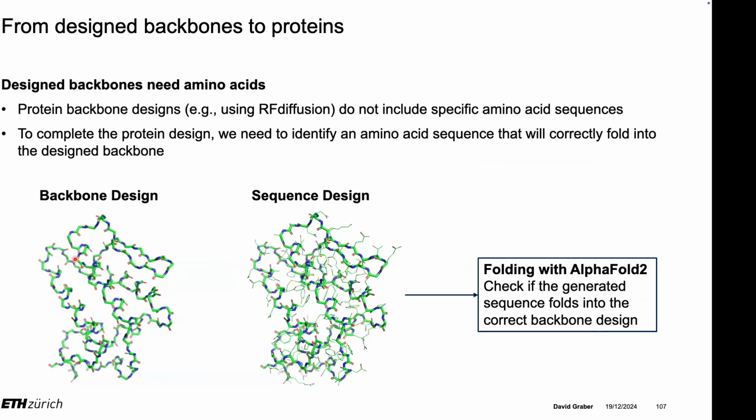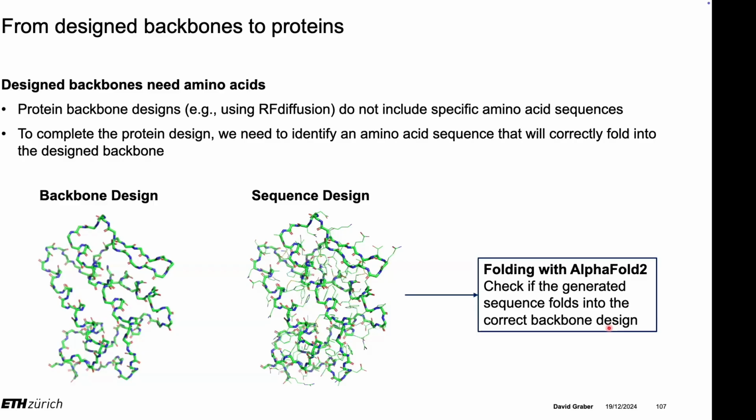So what is needed to complete the protein design is to identify an amino acid sequence that will correctly fold into our desired backbone architecture. So this is the sequence design task. You could design a protein backbone, and then you need something to design a sequence for this backbone. And then you can take this sequence that you designed, give it to AlphaFold, for example, and check if this generated sequence actually folds into this backbone architecture that you desire.